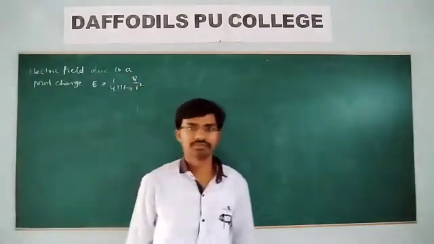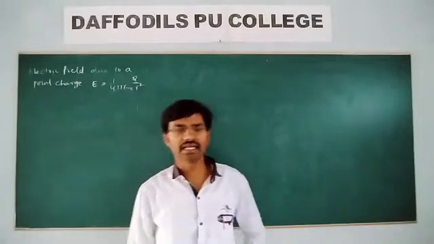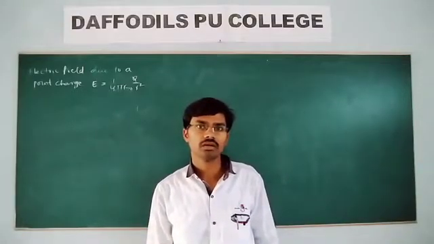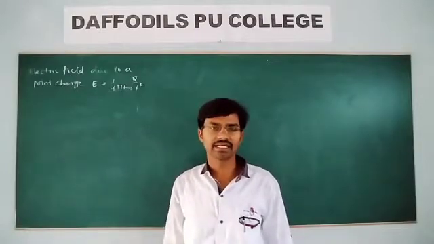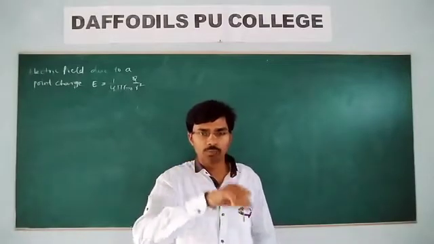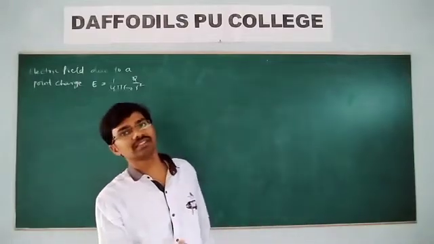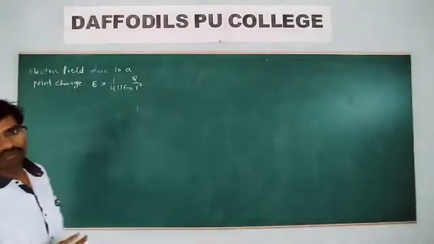Based on this, if a positive charge is placed in an electric field, it experiences a force in the direction of the field. If it is a negative charge, it experiences a force opposite to the direction of the electric field.